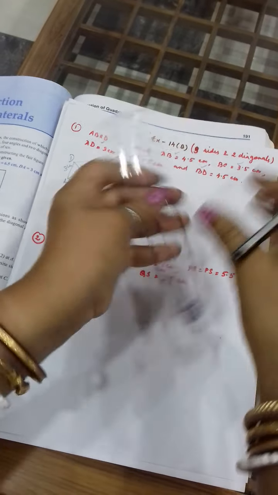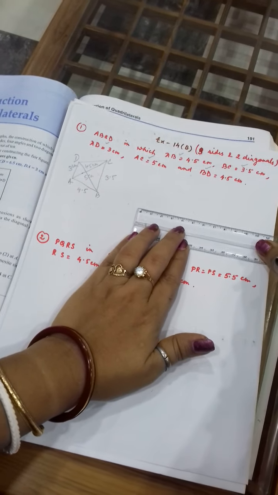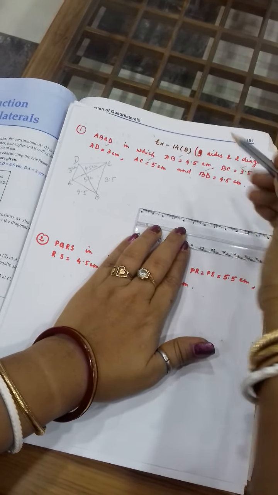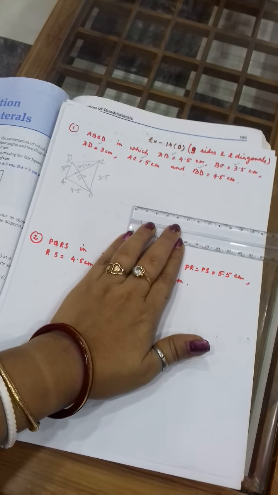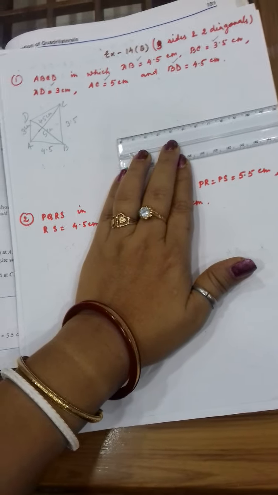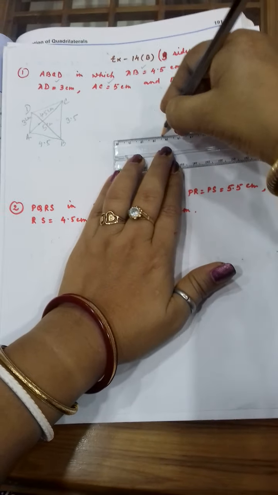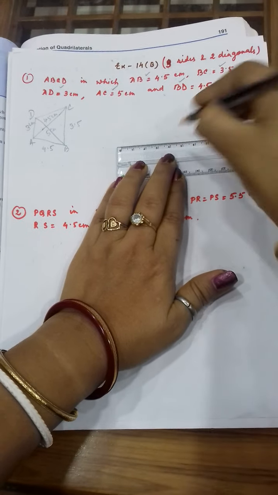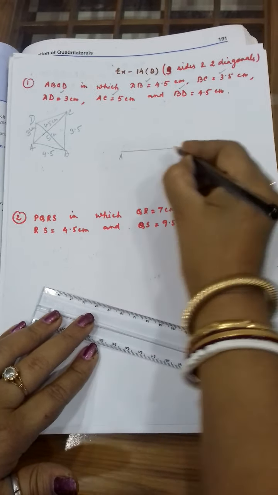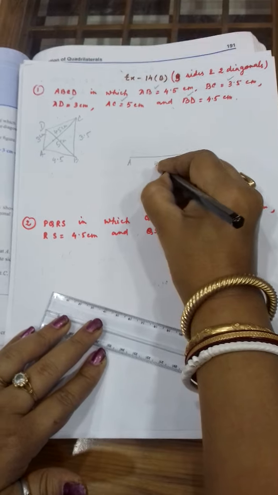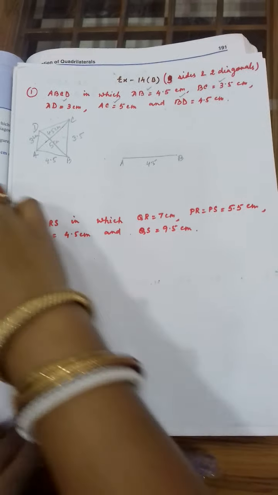So I am considering over here AB as the baseline. It is 4.5. After constructing AB as the baseline 4.5, here you have got 2 endpoints, 2 centers A and B.